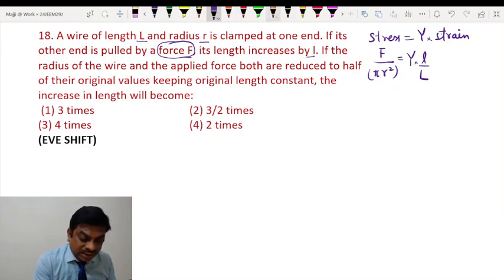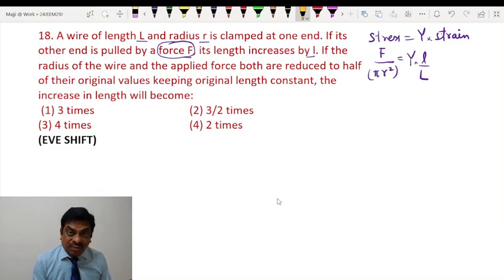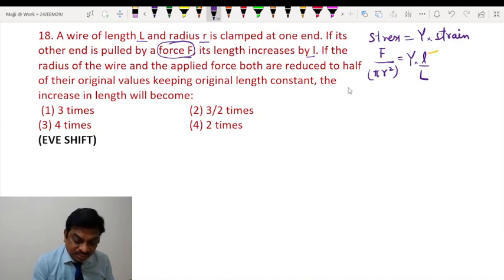Then coming to the second step, let us confirm what all things are constants. The radius of the wire and applied force both are reduced to half of the original, keeping the original length constant, and we have to obtain an expression for the increase in length. So our next step will be to identify all the quantities which are constant.